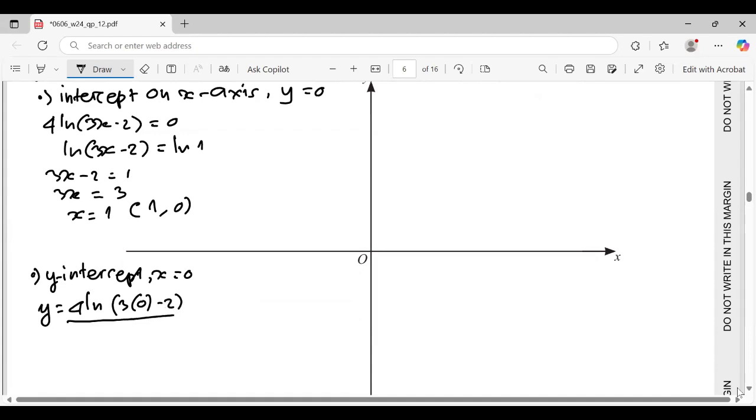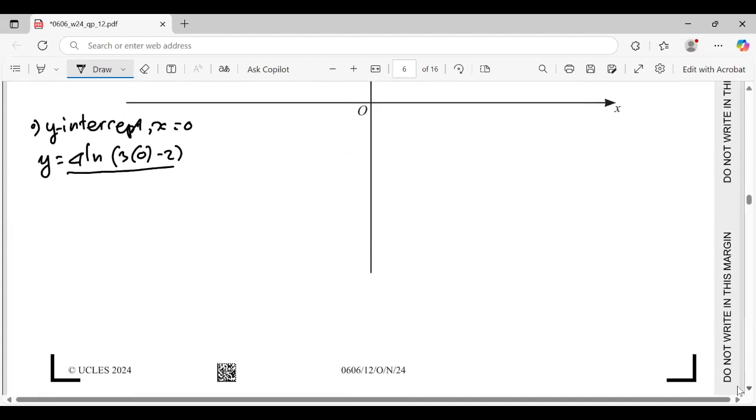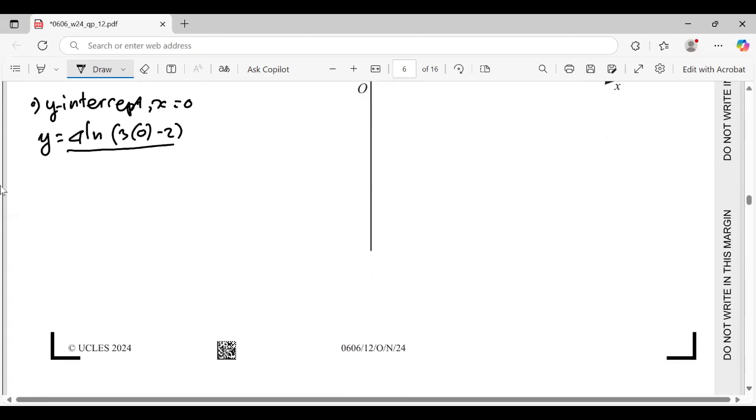And the next is, I would like to determine the asymptote. The logarithmic function has a vertical asymptote where the argument equals 0. The argument is 3x - 2, and if it equals 0, then x equals 2/3.